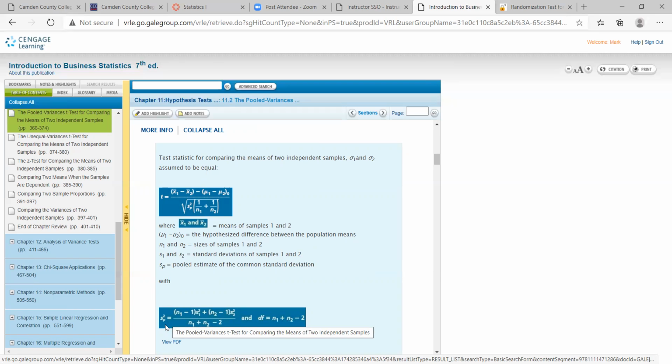And there's a couple different methods. There's one where you pool the variances using a formula like this, but I believe software takes care of this. So maybe we'll use software for this, because this looks pretty complicated, right?